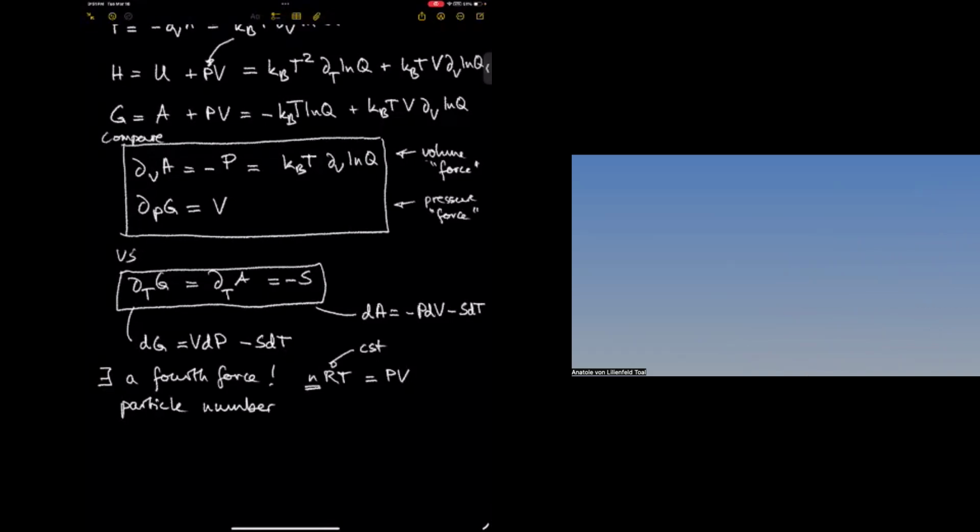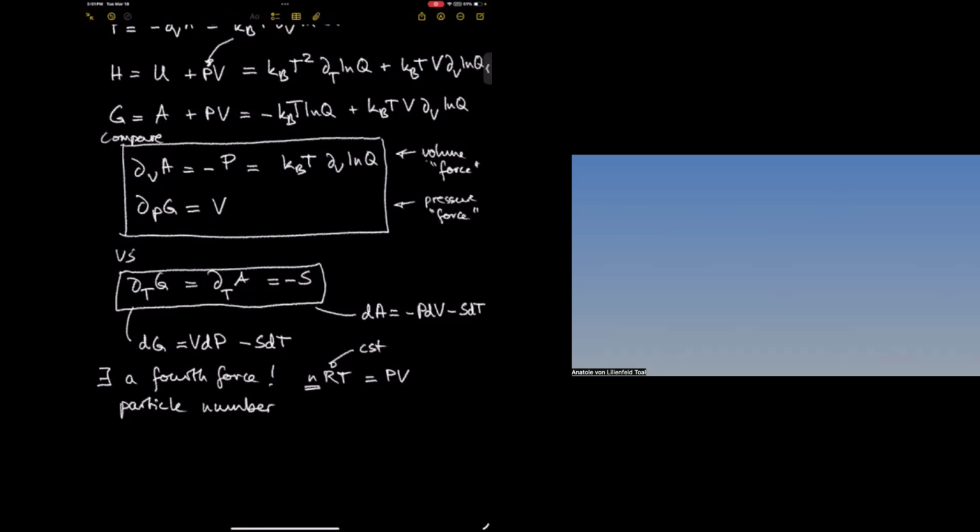So you mentioned the fourth force. I change my free energy with respect to particle number. How do I call this property? Change entropy. So I change my free energy with respect to particle number. And before we changed it with respect to temperature, then you get the entropy. Yes, you get energy per mole.